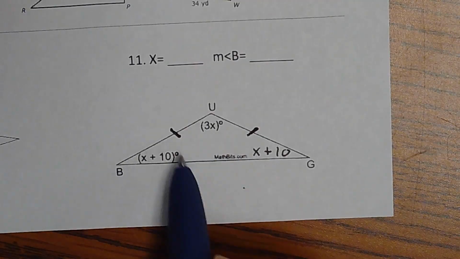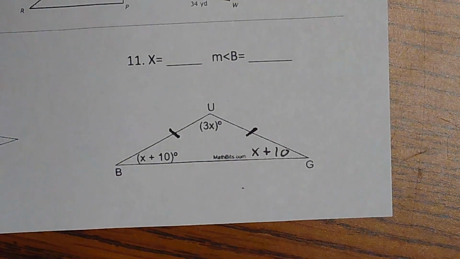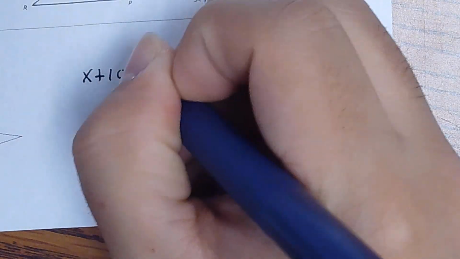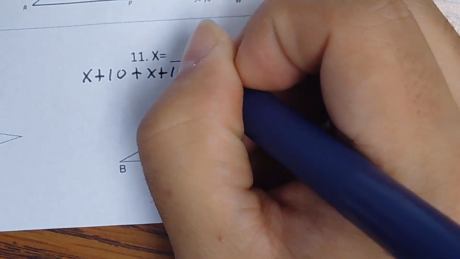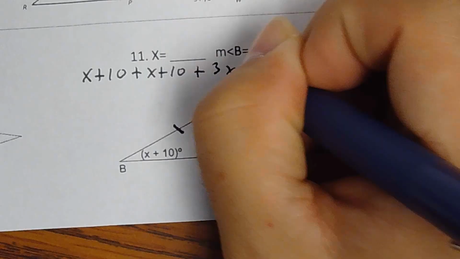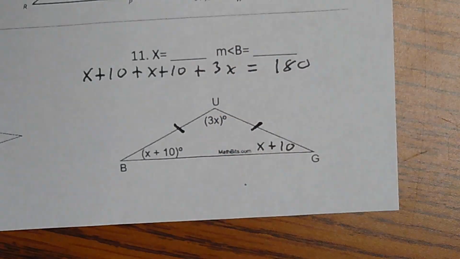So now I have all 3 interior angles of a triangle. What do I add them up and set it equal to? What's the magic number? 180. So I should have x plus 10 plus x plus 10 plus 3x equals 180.